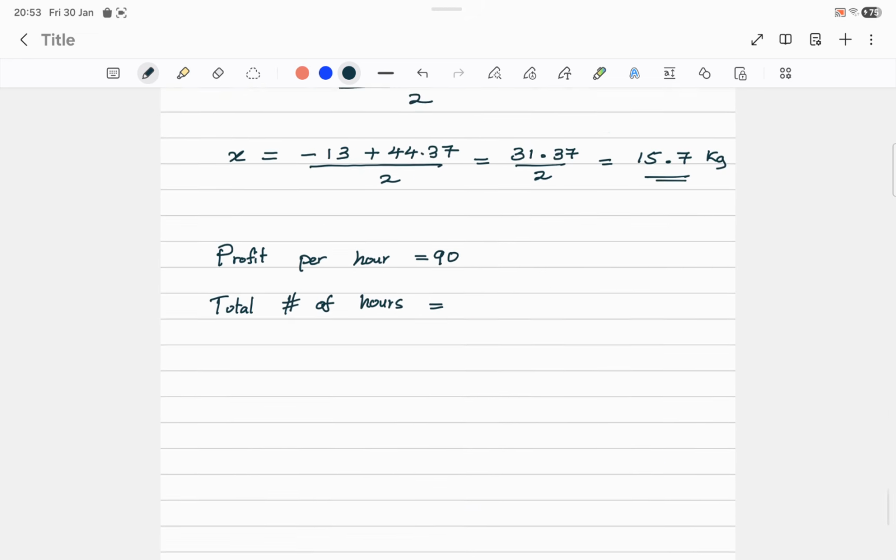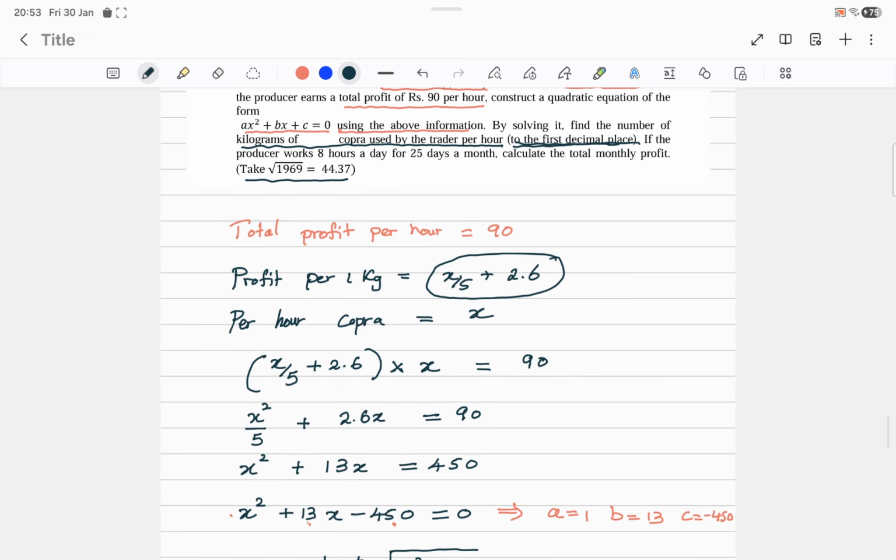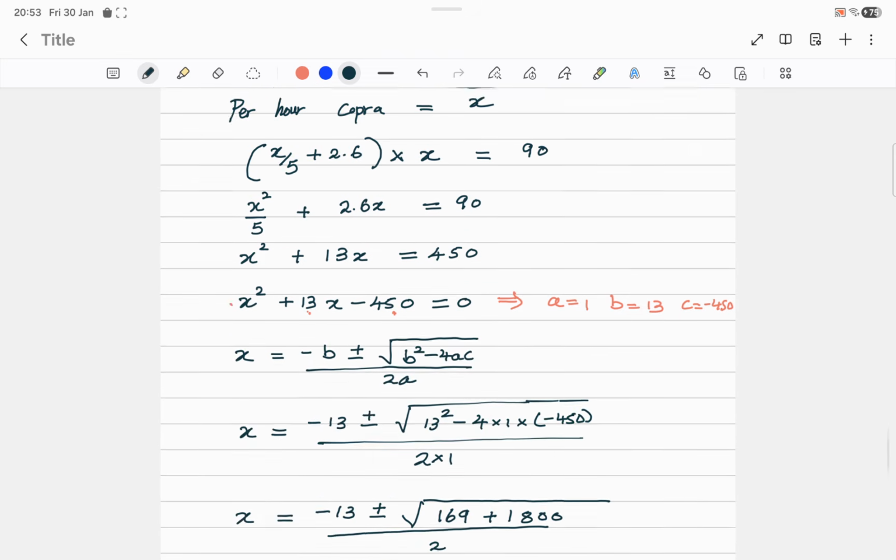So 8 into 25, 200 hours. And each hour you make 90 profit. So monthly profit is 90 into 200. So 18,000, no? Yes, total monthly profit is 18,000.